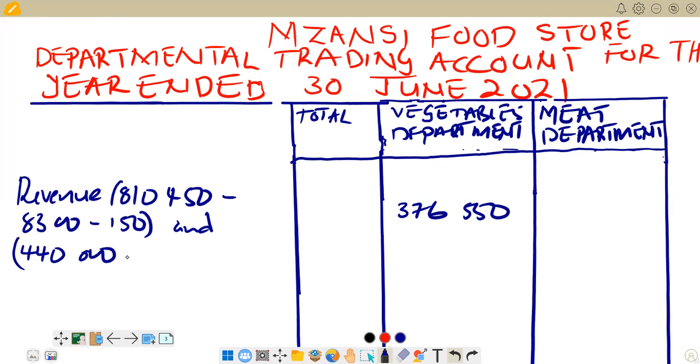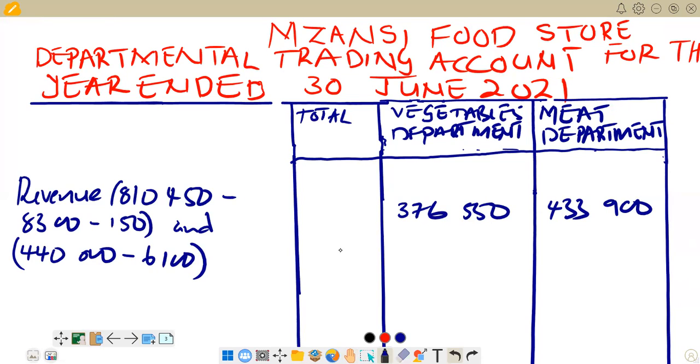And then we subtract this sales returns figure, which is 6,100. Having done that, if you calculate this, you're supposed to get 433,900. So that's the figure that we have for the meat department.